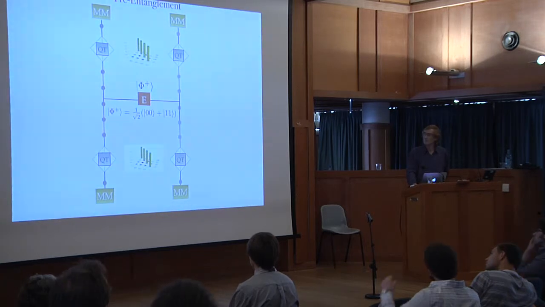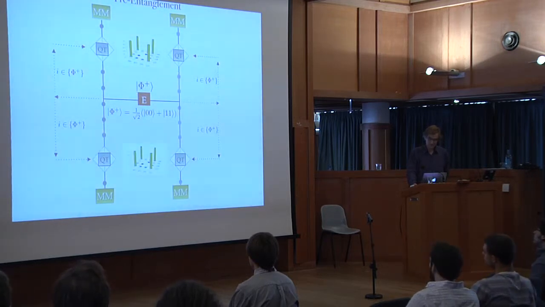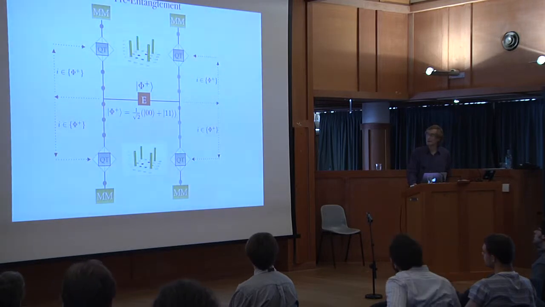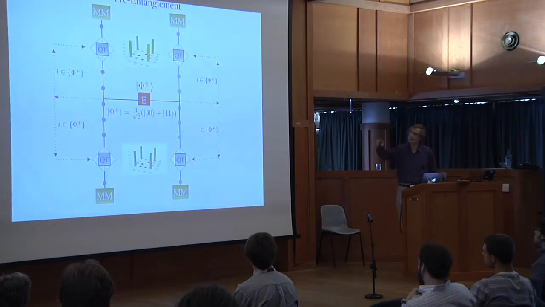If we just pick out the results, a set of runs in which phi plus is obtained, then we get phi plus up there. And if we do the same here, we get phi plus before the entangling event. So we've called this pre-entanglement, and the other normal entanglement becomes post-entanglement, if you like.